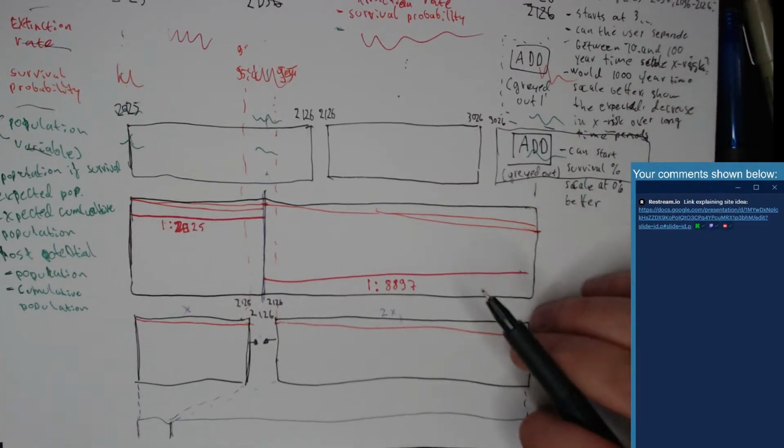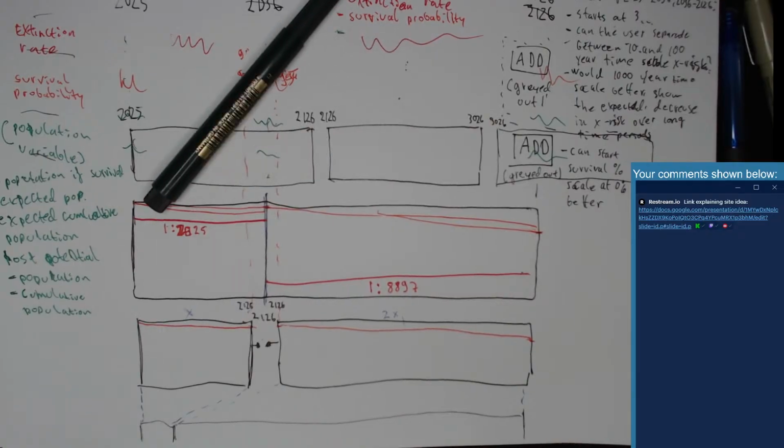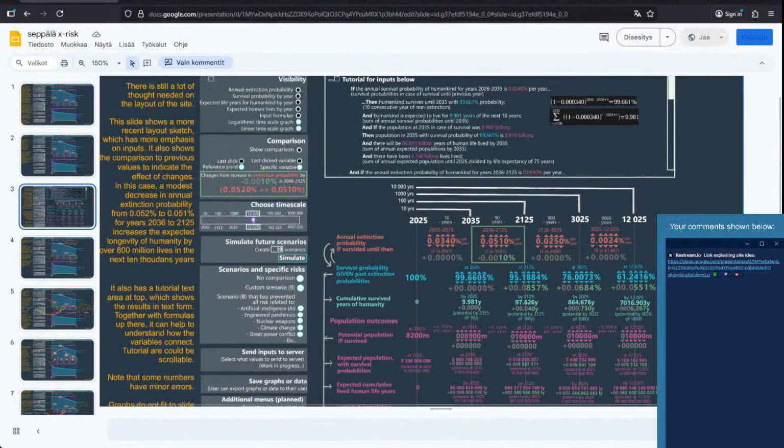But I wonder if that's also the case for the survival probabilities.